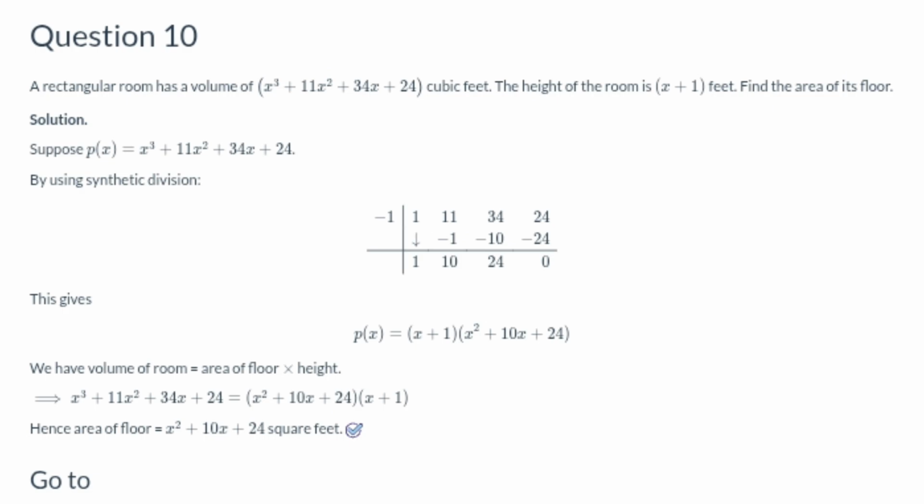The remainder is 0, as expected, since the height must be a factor of the volume. The coefficients of the quotient, which is the area of the floor, are 1, 10, and 24. The resulting quotient is a quadratic polynomial, x² + 10x + 24. Hence, the area of the floor is x² + 10x + 24 square feet.